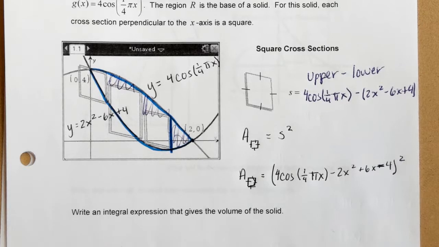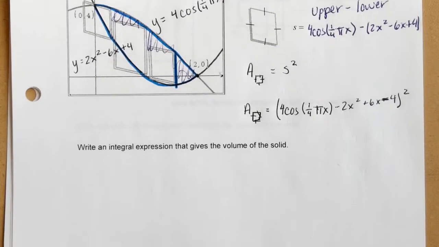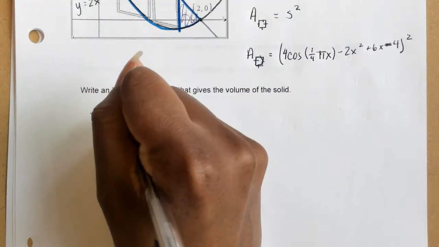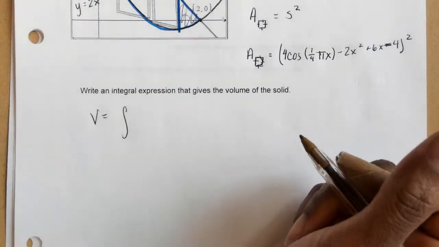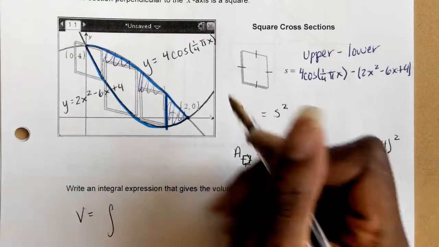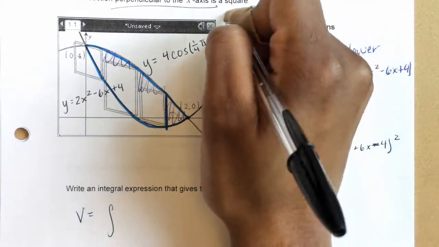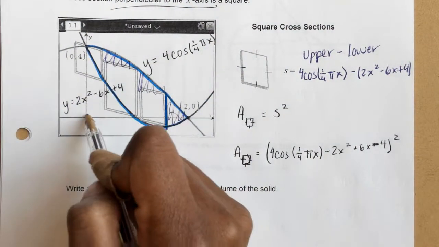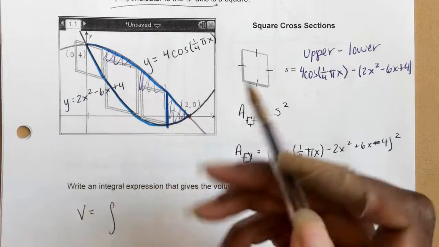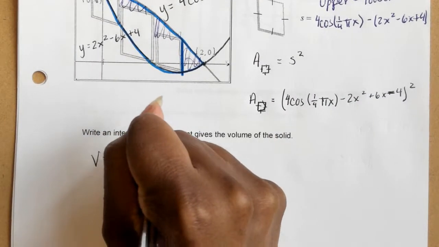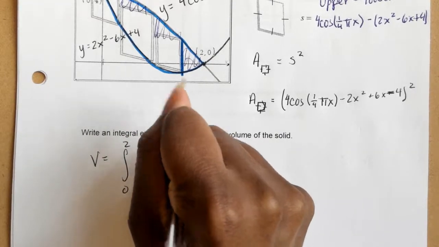Okay, so then to find an integral expression that gives you the volume of a solid, we know volume is going to be equal to the integral. For this problem, we're going from 0 to 2, so 0 to 2 of whatever the area equation is that we found.